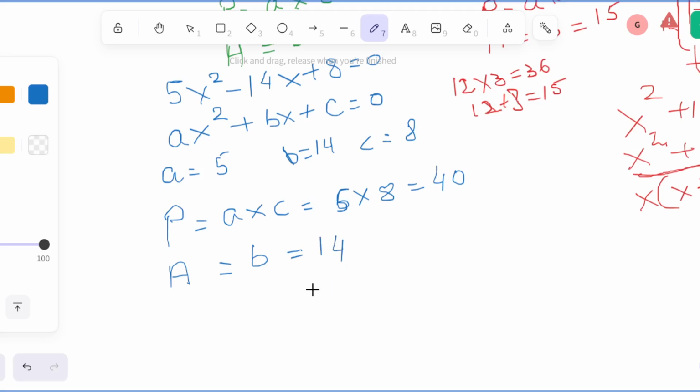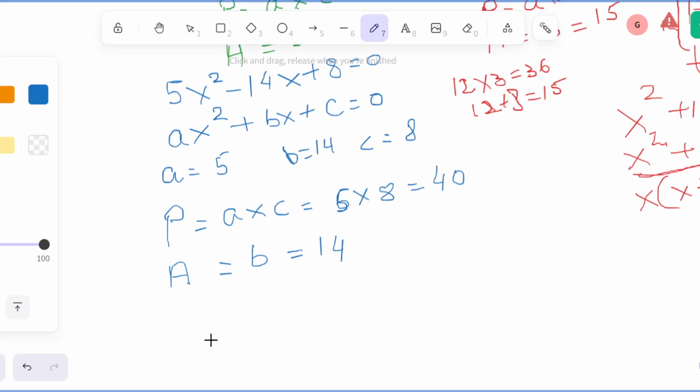As we discussed in the last question, Nathan, we have to find two such numbers which when multiplied give 40, and when we add them we get 14. Can you think of two such numbers, Nathan? 4 and 10.